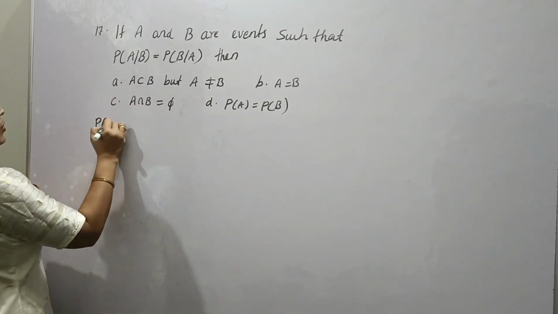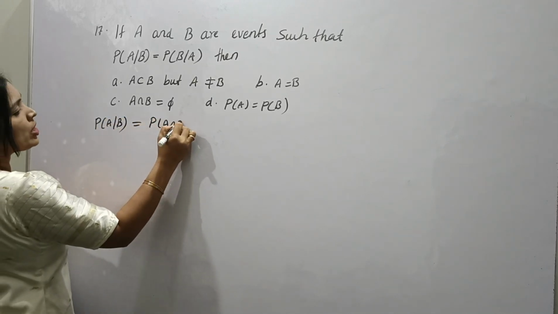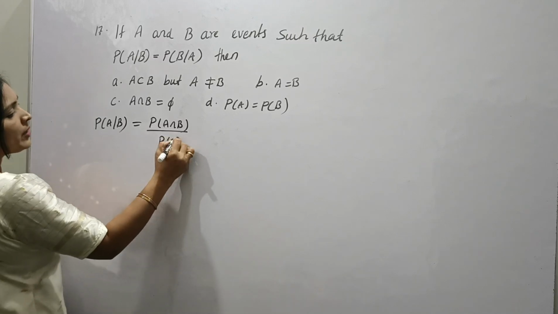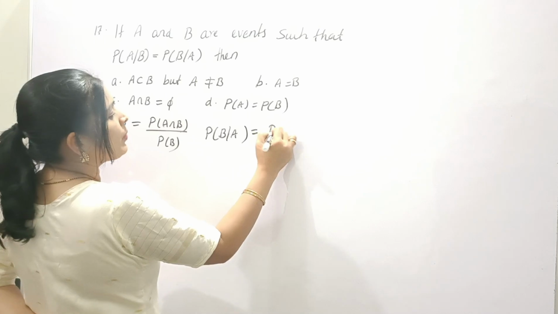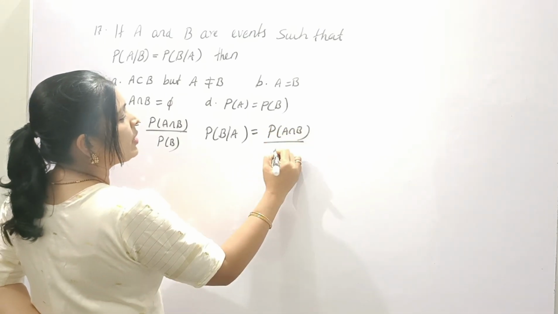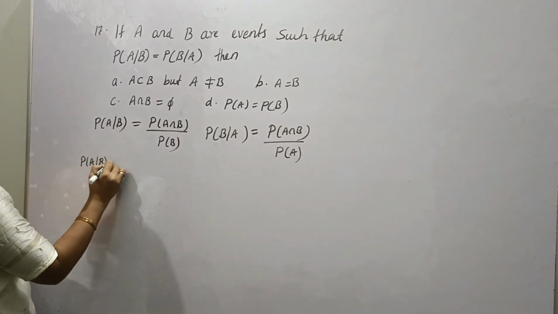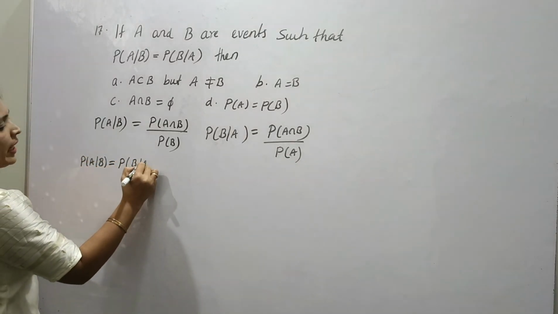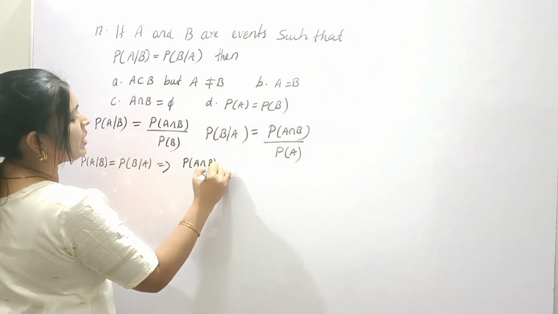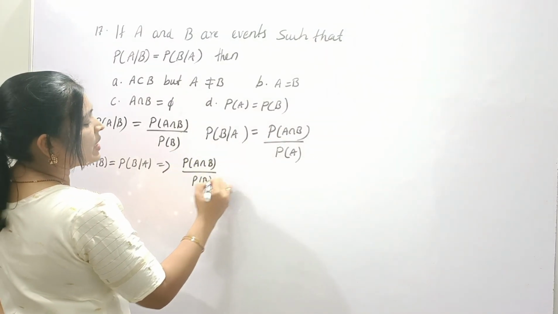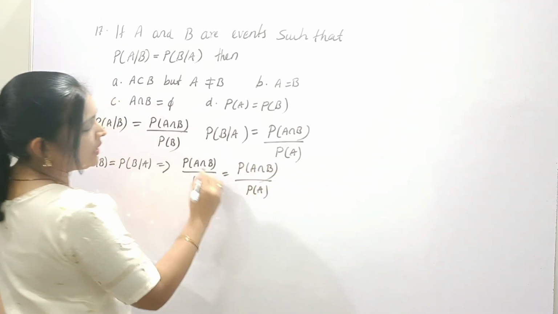Now we know that probability of A given B is equal to probability of A intersection B divided by probability of B. And probability of B given A is equal to probability of A intersection B divided by probability of A. So here probability of A given B is equal to probability of B given A. That implies these two are equal, that is, probability of A intersection B divided by probability of B is equal to probability of A intersection B divided by probability of A. It is cancelled.